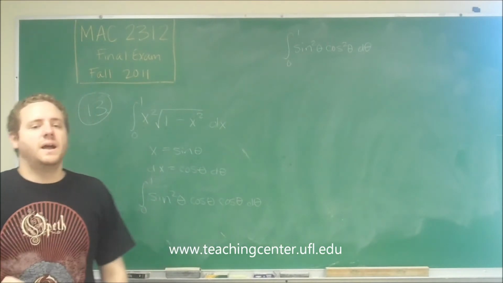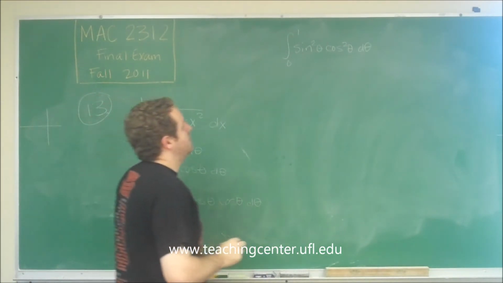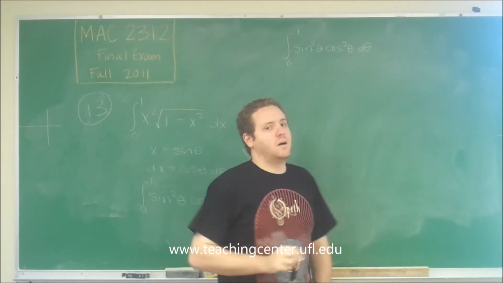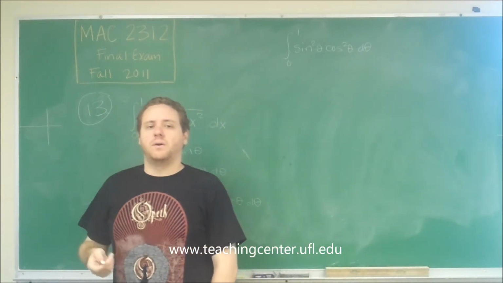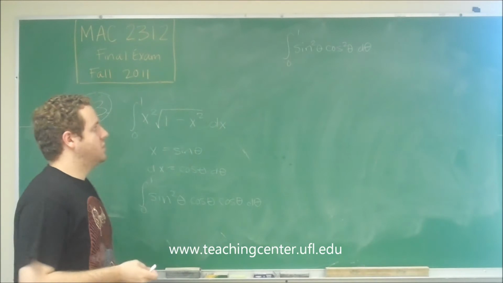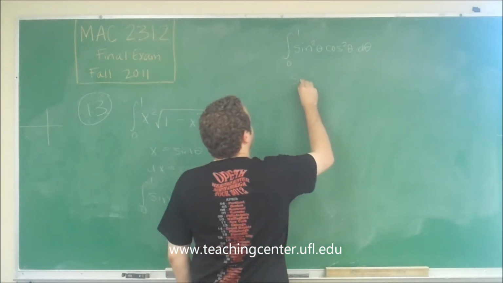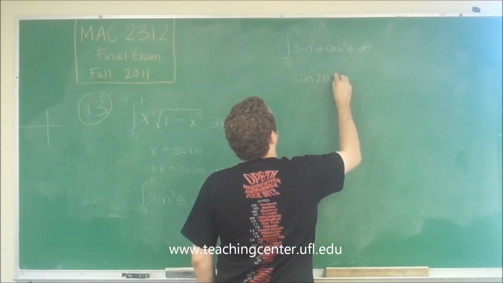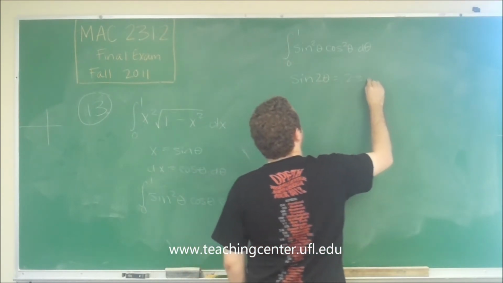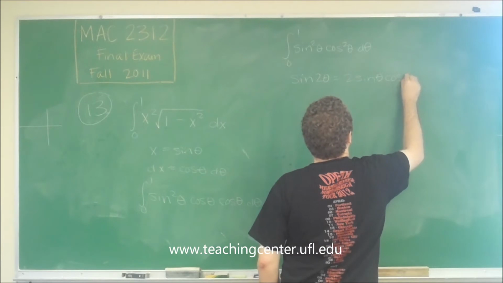When we have even powers of both sine and cosine, this is where we're going to use our power reduction rules. The first thing that we can do, and the easiest one, would be to use the identity sine 2 theta is equal to 2 sine theta cosine theta.